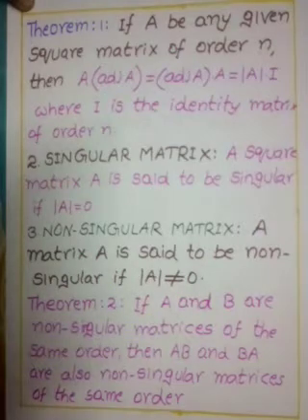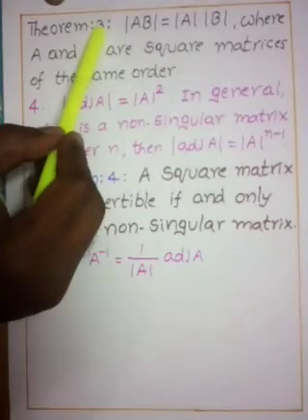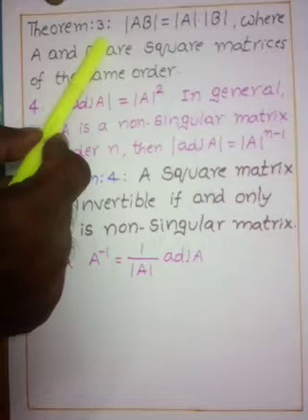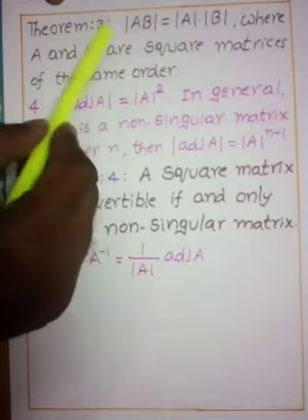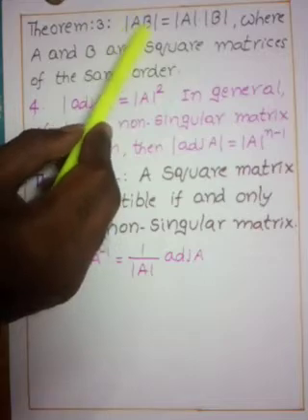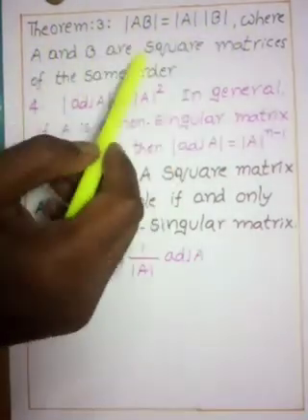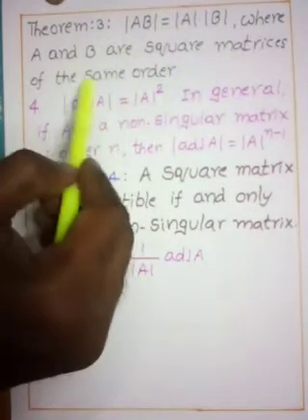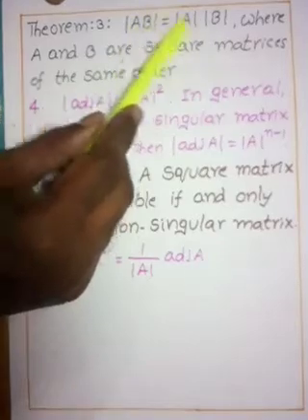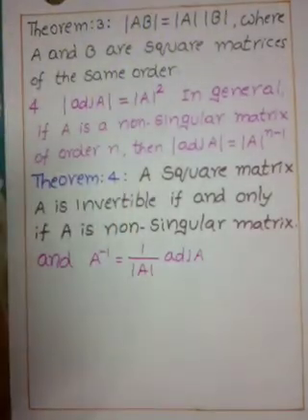Now come to theorem number 3. Here also the proof is not needed from the examination point of view. Det AB is equal to det A into det B, where A and B are square matrices of the same order. Remember this as a formula. That is enough.